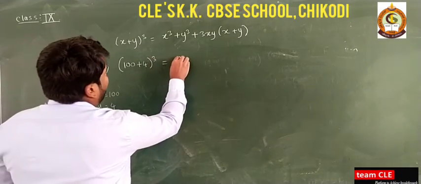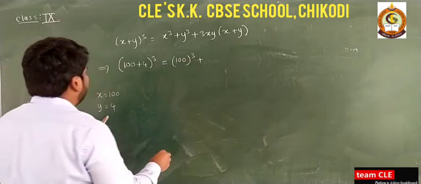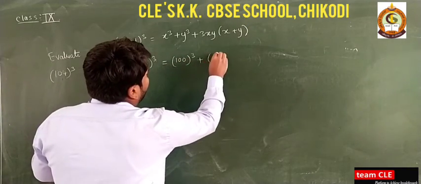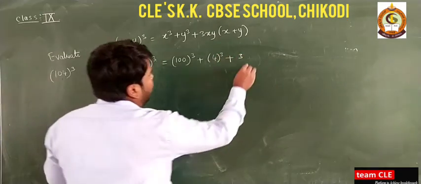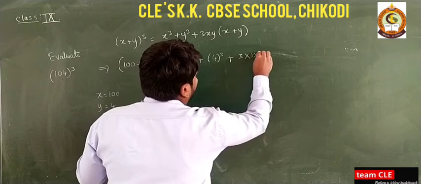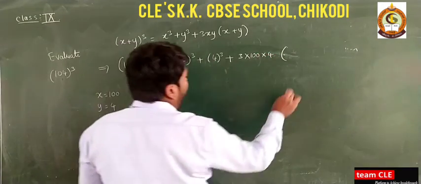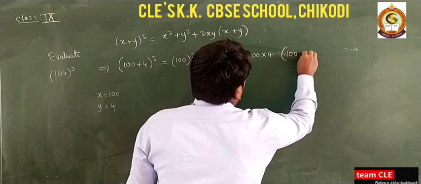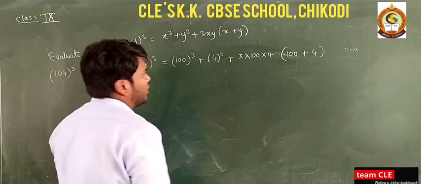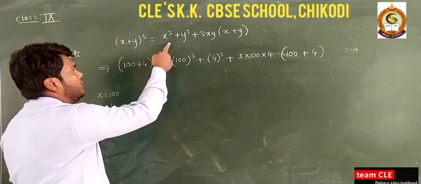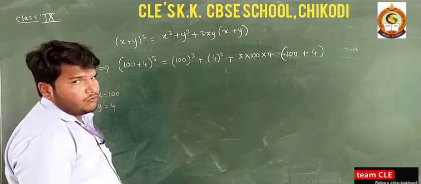Means you should write this as 100 cube plus y cube means 4 cube plus 3 into 100 into 4 into x plus y, that is 100 plus 4. So this is the concept. Okay, so just I substitute x and y in the given formula. X means 100 and y is equals to 4.